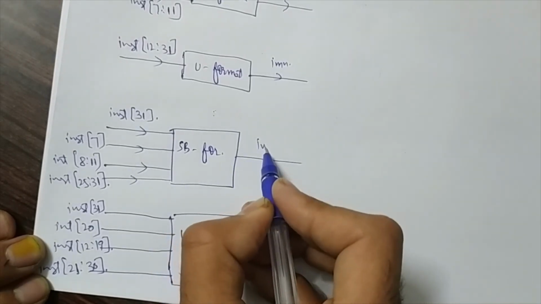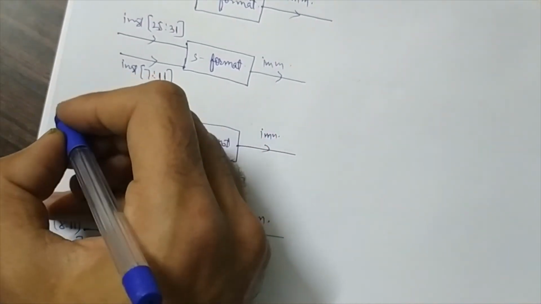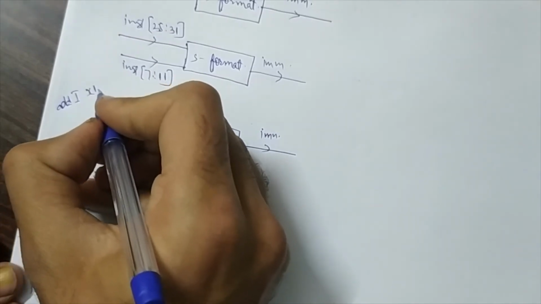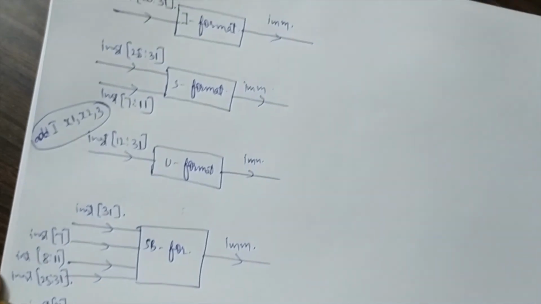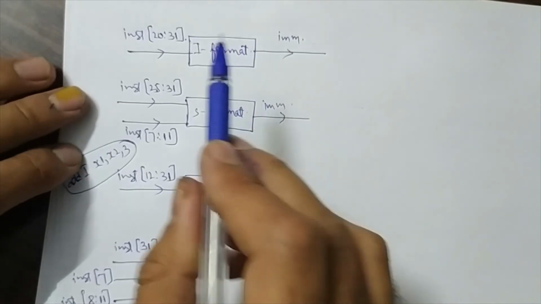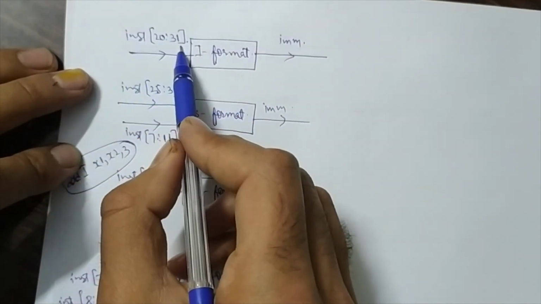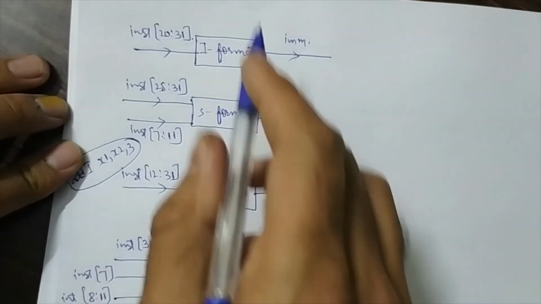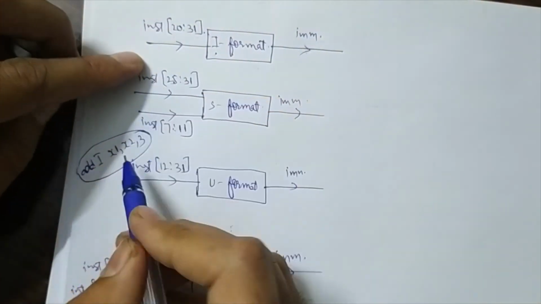So let's say our instruction is, for example, addi x1, x2, 3. This is an I format instruction. So the I format block can find its immediate using instruction bits 20 to 31. However, we are designing the circuit in such a way that the other blocks will also work for this instruction.